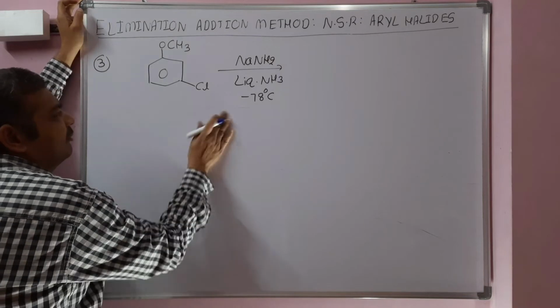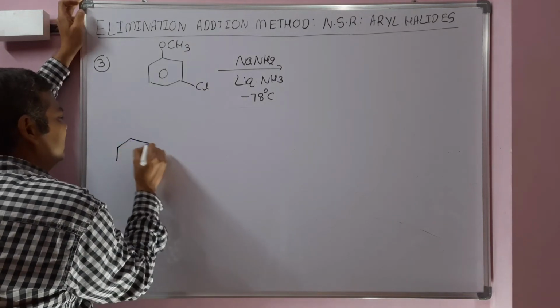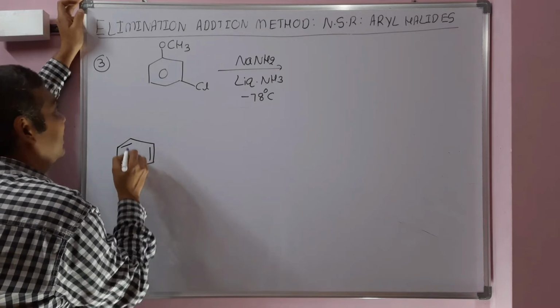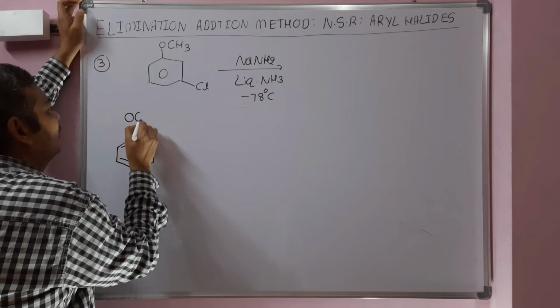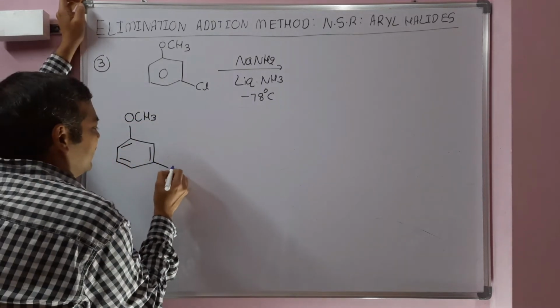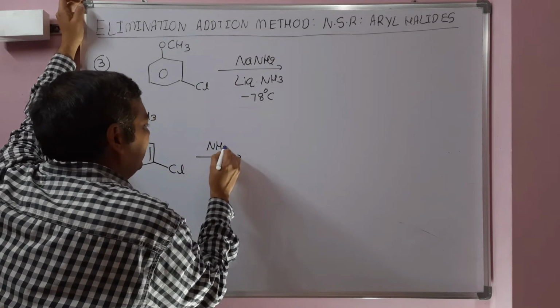But what is the major product that is obtained here? This is a little lengthy, so we will write the mechanism to know which is the major product. Here, with sodamide, the first step is elimination.